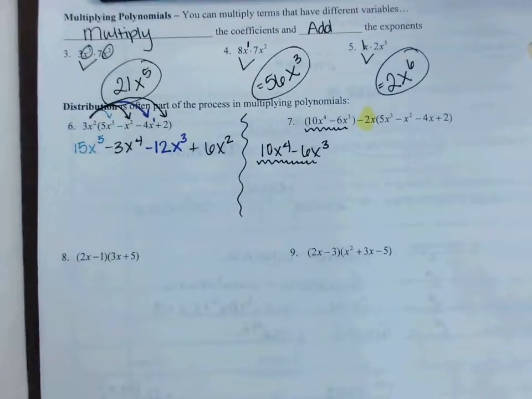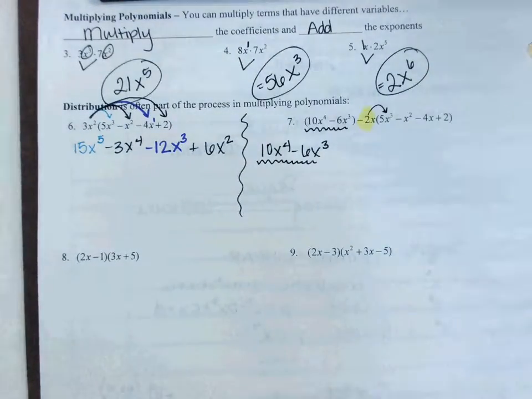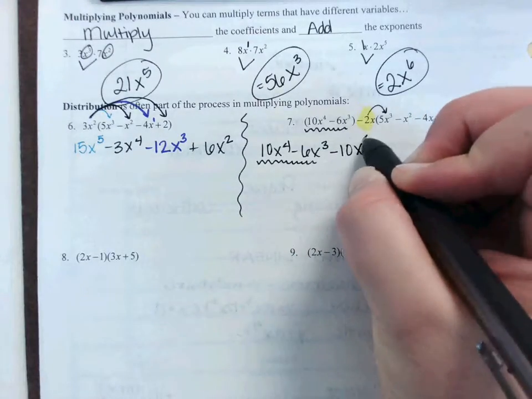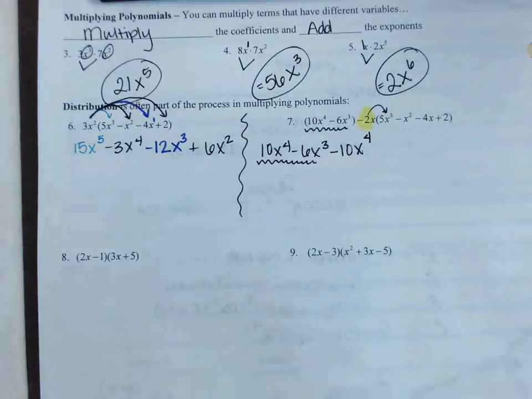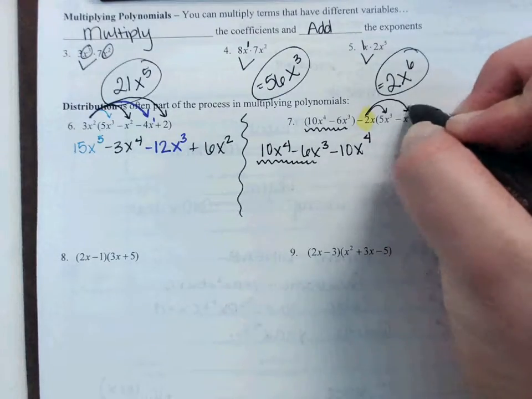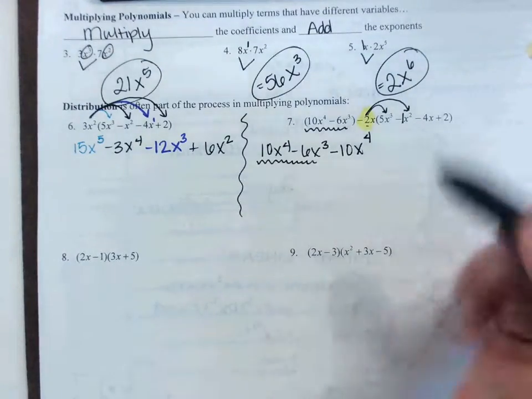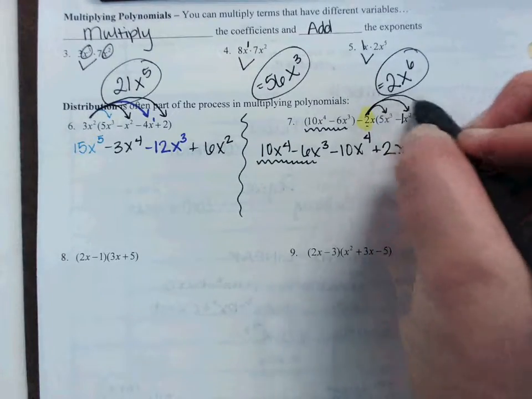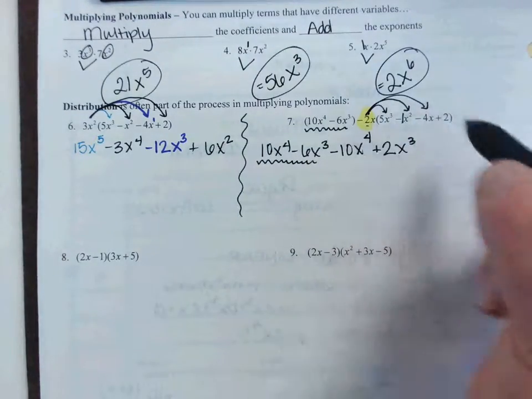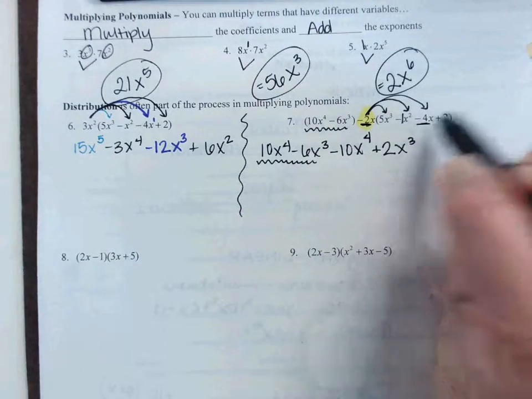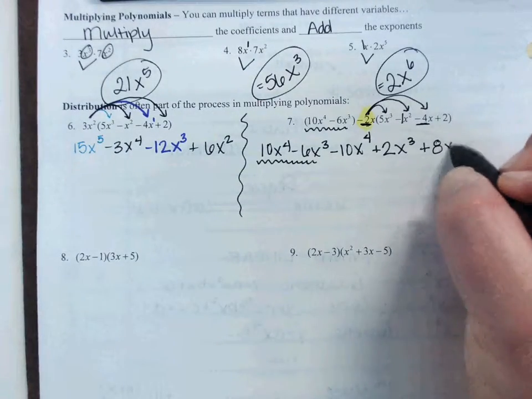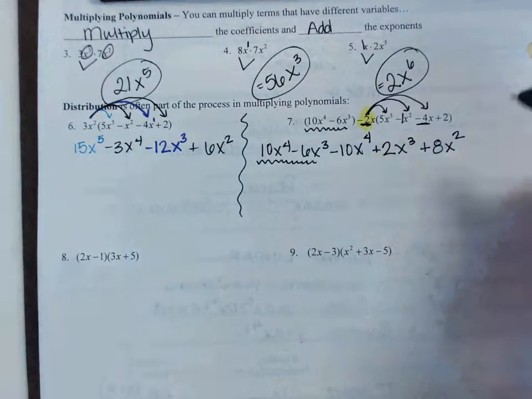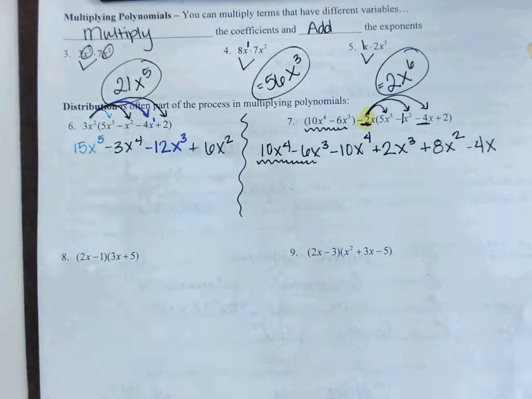So I'm going to have negative 2x times 5x cubed. What will I get? Negative 10x to the 4. Okay, then I'm going to bring it into the next one. Negative 2 times negative 1 is a positive, so 2x plus 2x cubed. Good. Negative 2 times negative 4 here, that's 8x squared. And then last one, negative 2x times 2 is negative 4x.